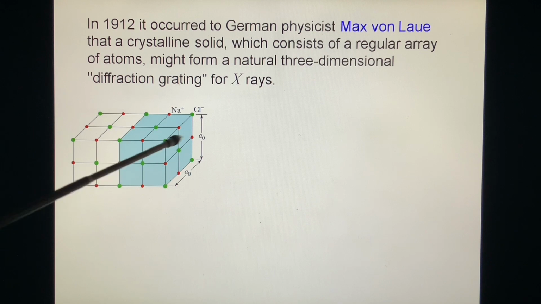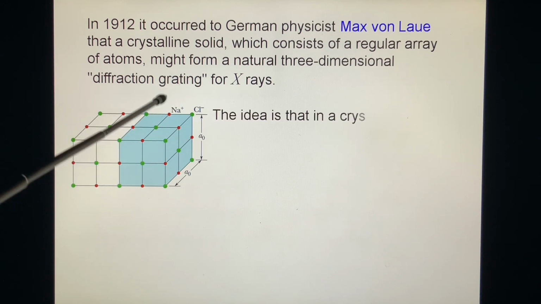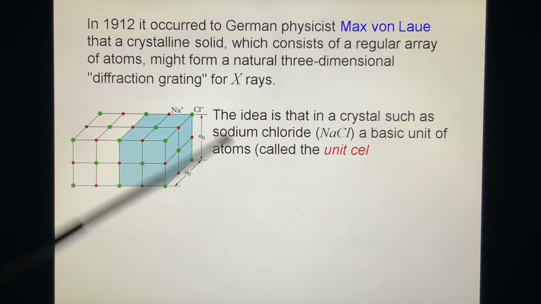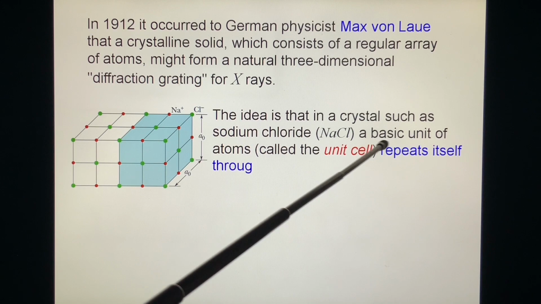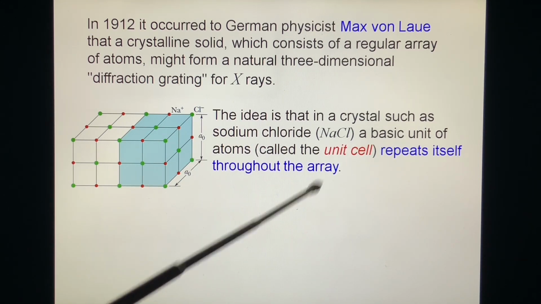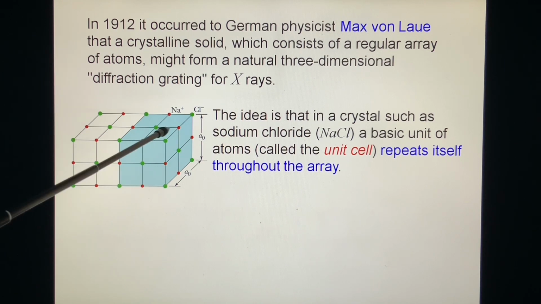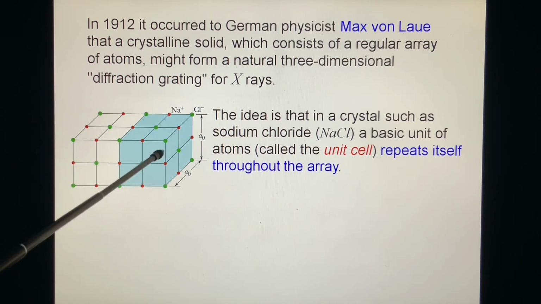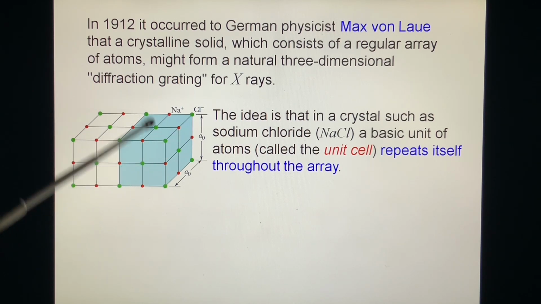This is a sodium chloride crystal. The idea is that in a crystal such as sodium chloride, a basic unit of atoms, we call it the unit cell, repeats itself throughout the array. This is a unit cell of sodium chloride, the salt.